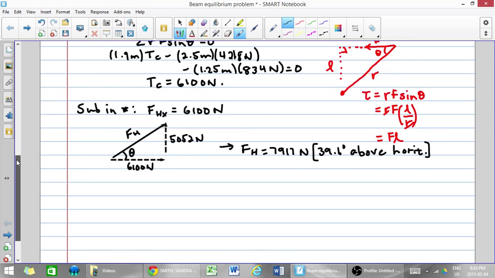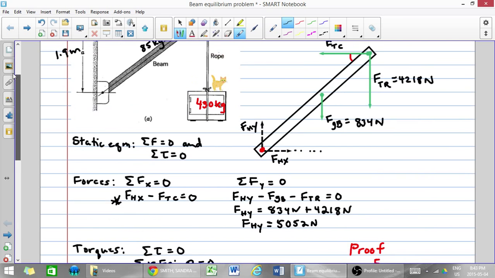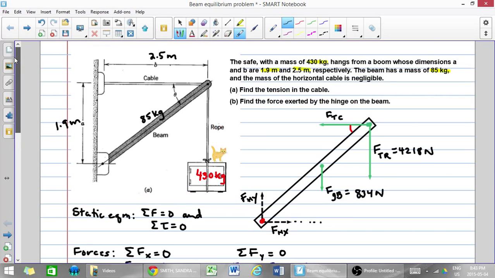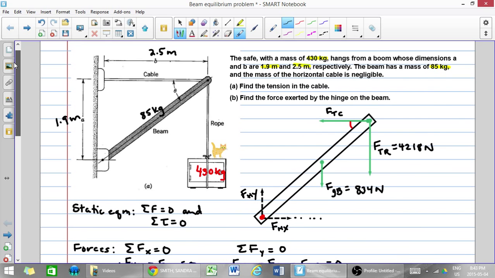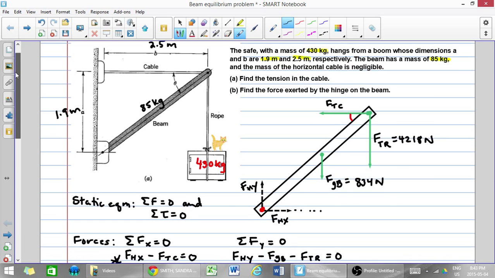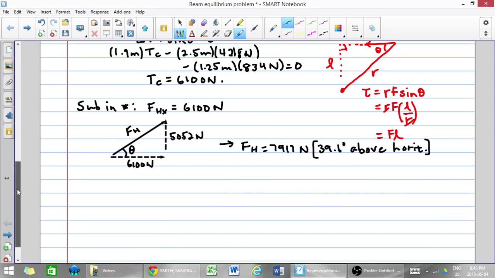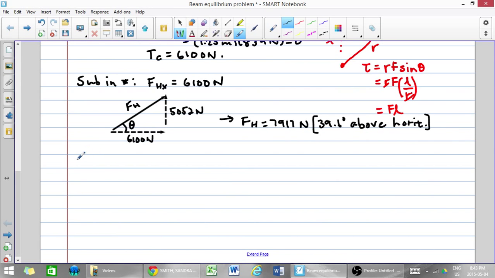So then just to sum up, we were to find the tension in the cable and the force of the hinge. It looks like we should report in 2 significant digits. So let's just do that in our final statement.